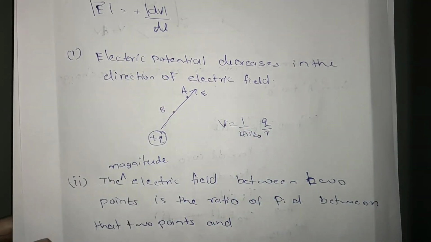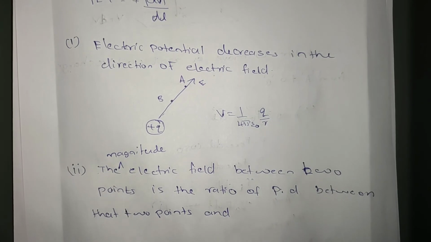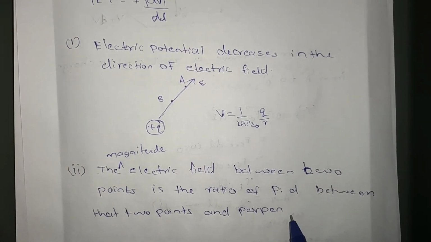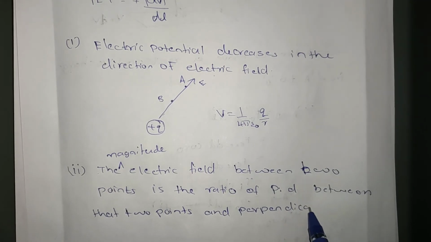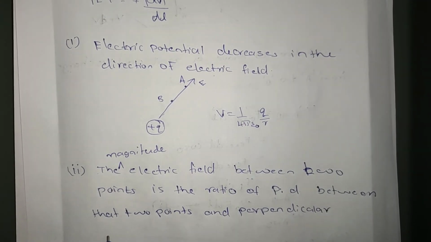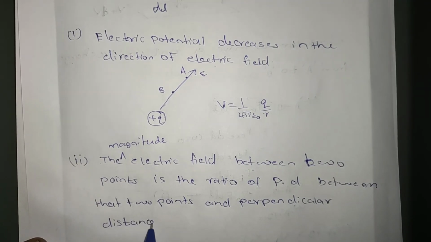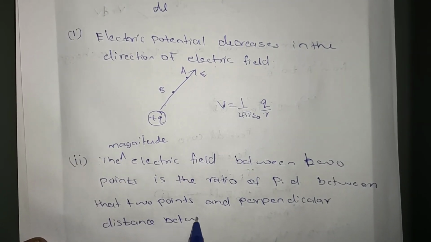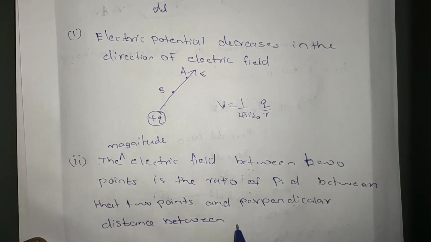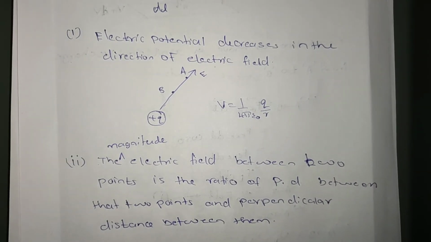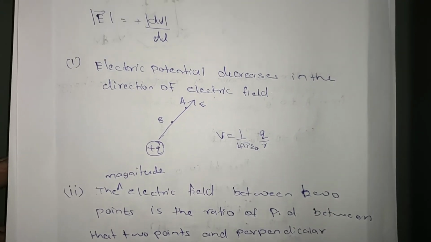What is that dl? dl is the perpendicular distance between them. Clear? This is about the relation between electric field and electric potential.